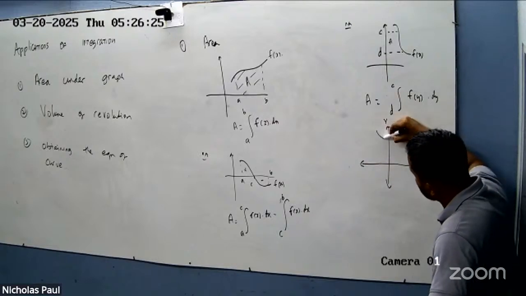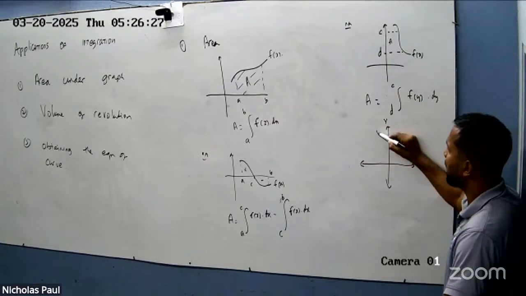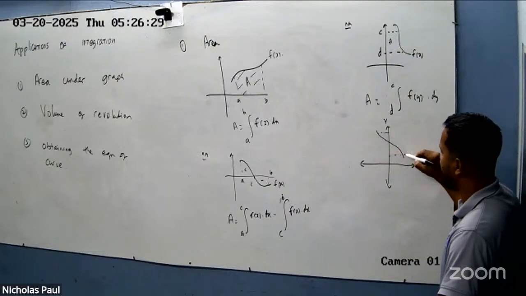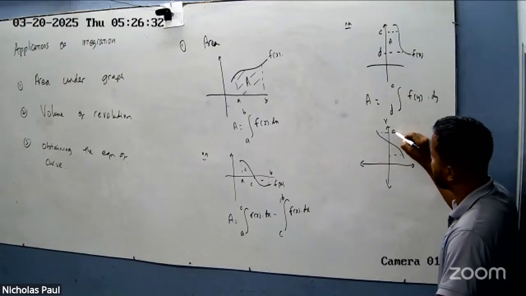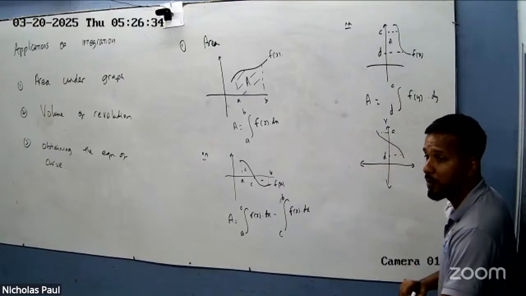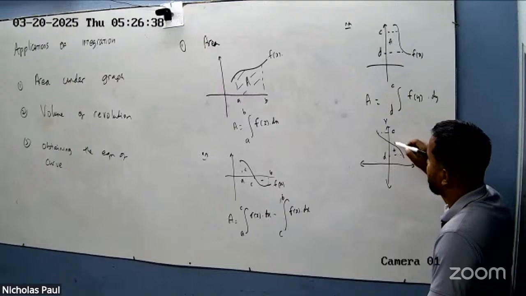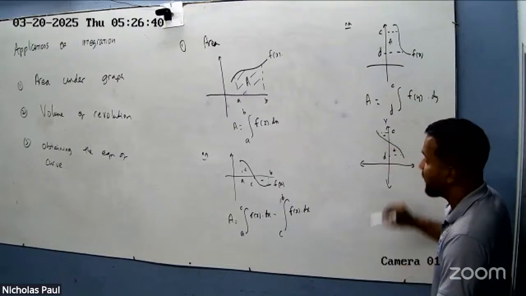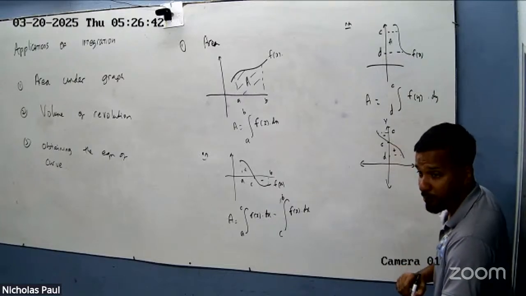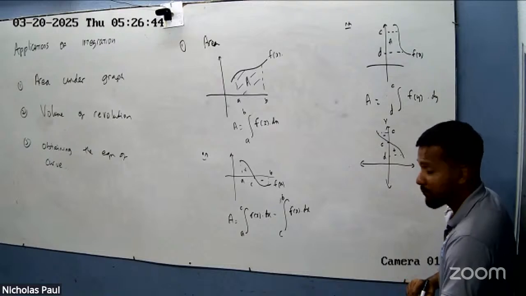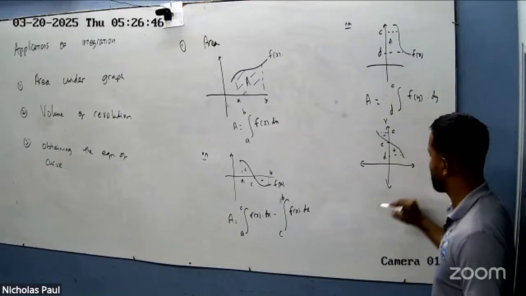Suppose it looks like this, across the y-axis, and you want to get the total area between point C and point D. Same principle. Here is positive, here is negative, so you need to get C. That's okay?